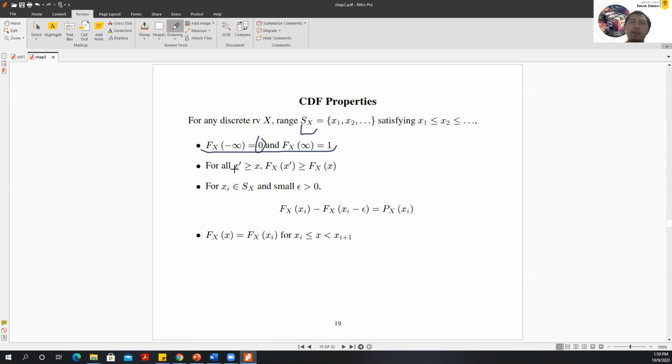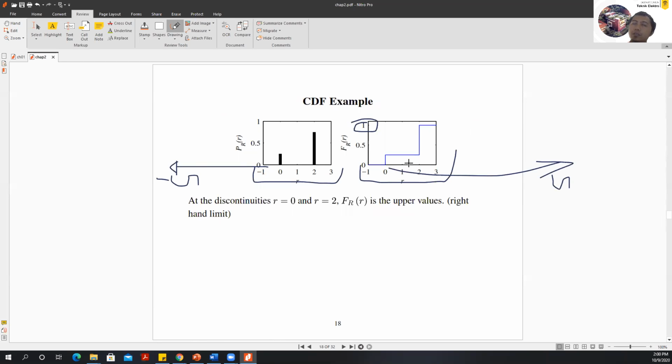Also, if x' is greater than x, then the CDF of x' is greater than or equal to F(x). It is easy to prove that.